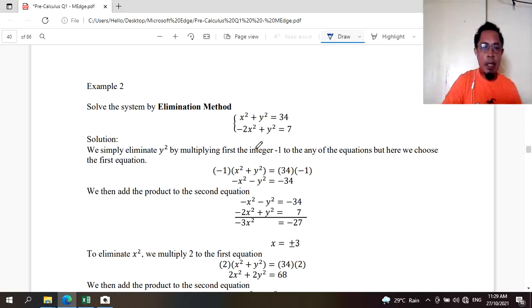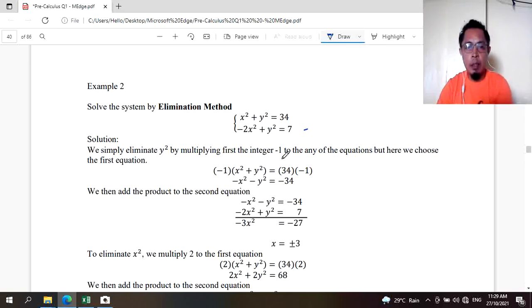First step is we are going to eliminate y squared, and that is done by multiplying negative 1 to the first equation. That leads now to negative x squared minus y squared equals negative 34. Then after that, the product will be added to the second equation. We add it. Then we have negative x squared minus 2x squared, that is negative 3x squared.